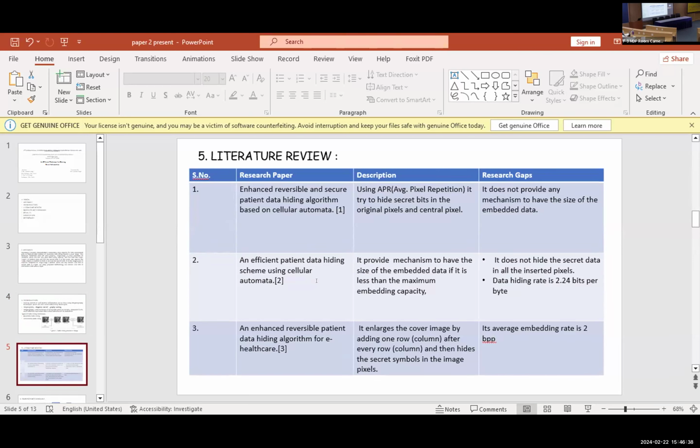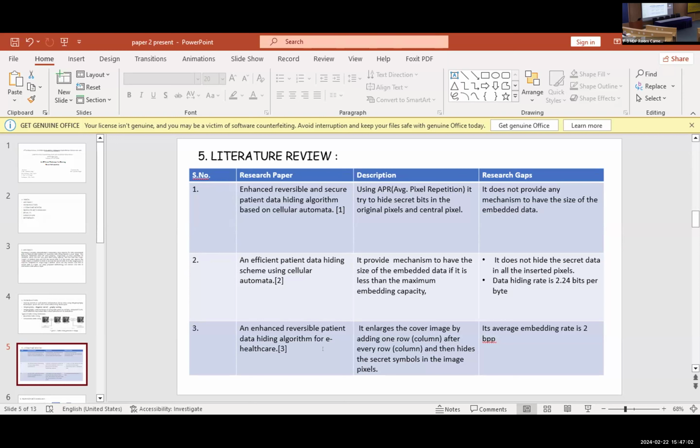The second paper is An Efficient Patient Data Hiding Scheme Using Cellular Automata. It provides a mechanism to halve the size of the embedded data if it is less than the maximum embedded capacity. The major research gap in its study is that it does not hide the secret data in all the inserted pixels, and its data hiding capacity is 2.24 bits per byte, which is very low.